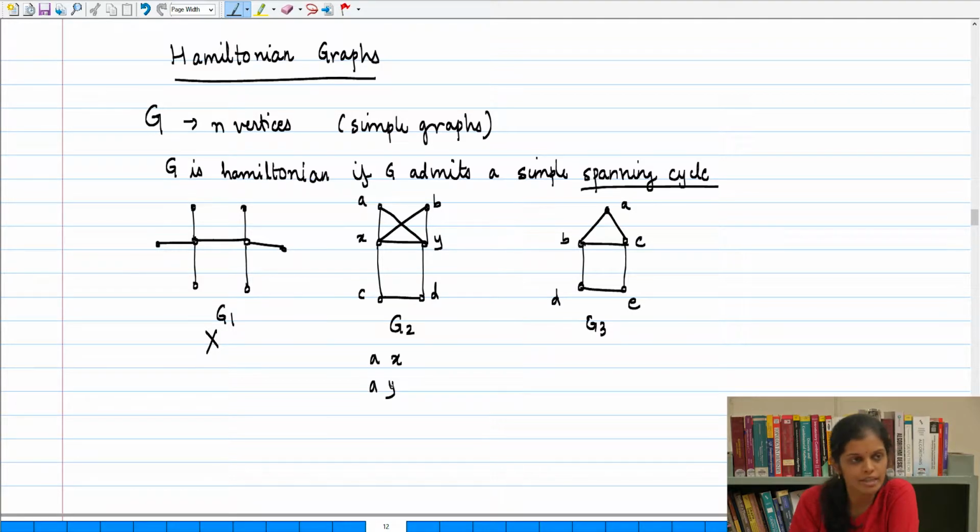So I can try to explore all these paths and see if one of them leads to a Hamiltonian cycle. Or in fact I can write down all the permutations of the n vertices and check. Some of the permutations are not valid. For example, if I write a permutation which is A, B and something else, then it is not valid, because A and B are not adjacent, so I cannot write that permutation.